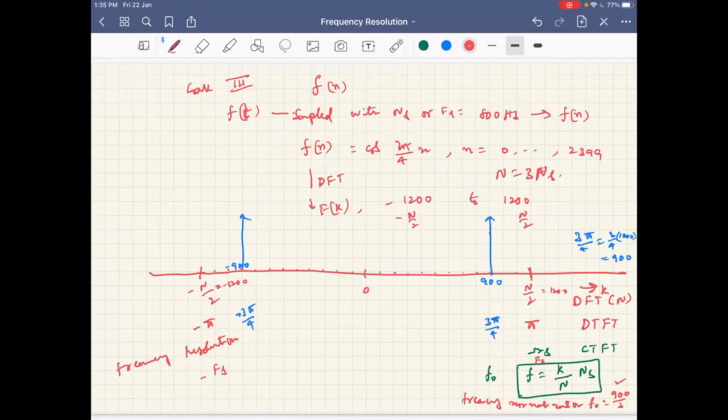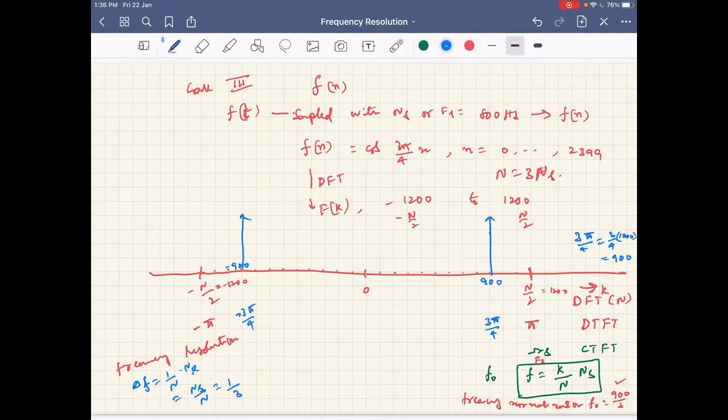It has to be mapped to frequency resolution, which is equal to what? Delta f is equal to 1 by n into ns, that is equal to ns by n, in fact, which is equal to 1 by 3. What do we mean by frequency resolution being 1 by 3?